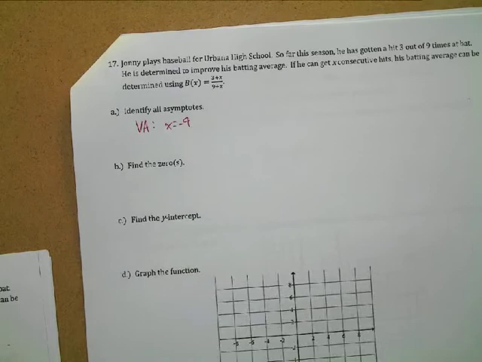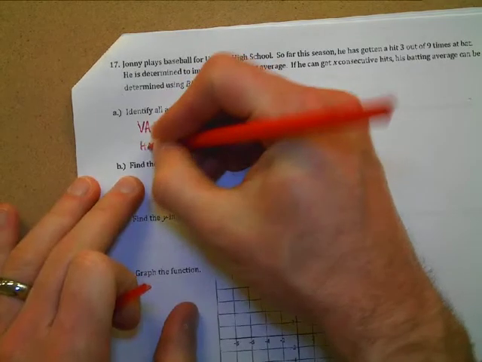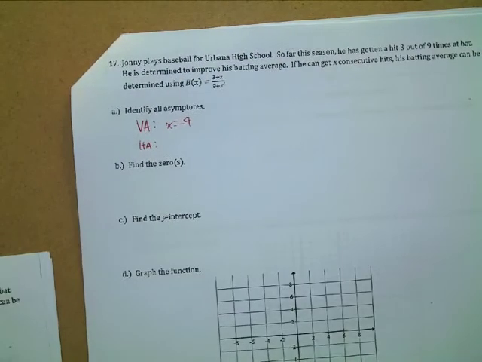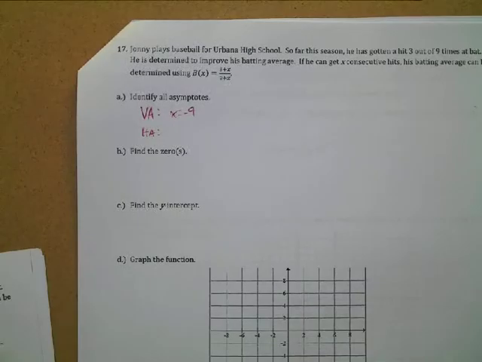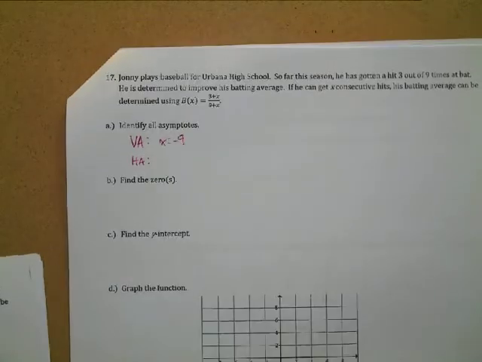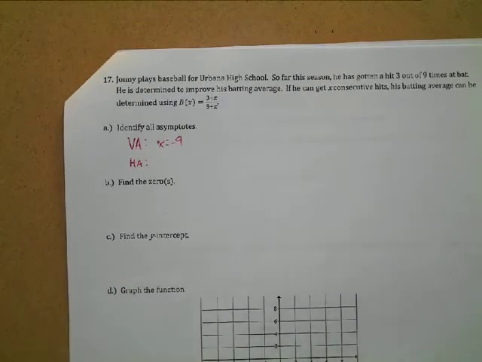What about horizontal asymptotes? Do we have any of those? Well, what's the degree of the numerator? 1. What's the degree of the denominator? So it's the ratio of the lead coefficients. Be careful here. It's 1. The ratio of the lead coefficients is 1, so it'll be y equals 1.